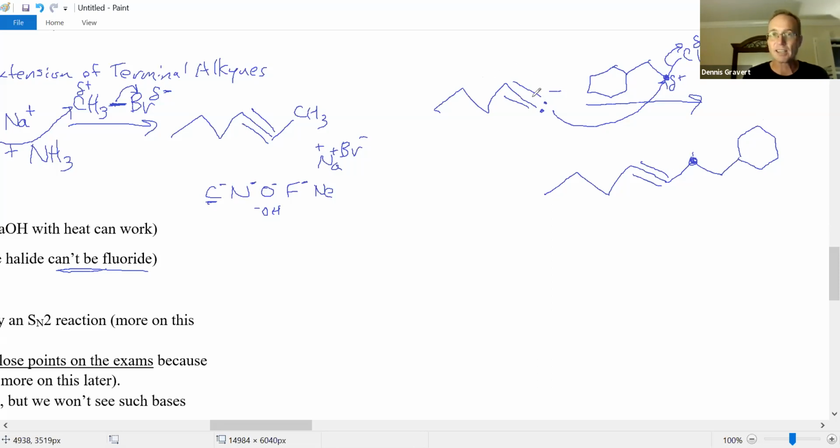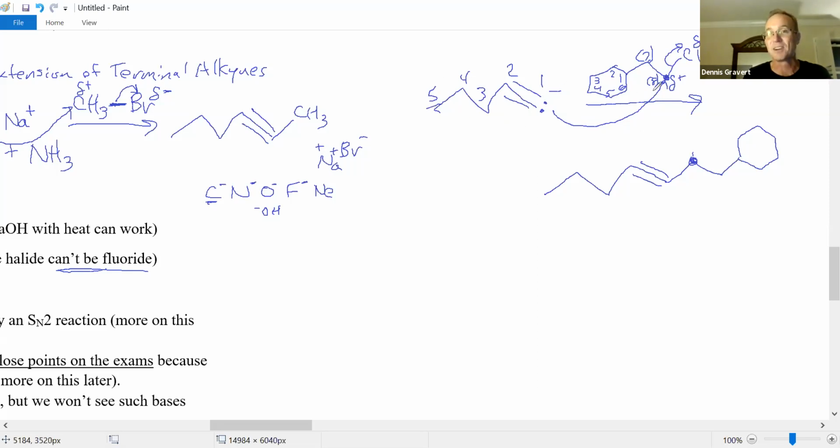A nice check is, if you were to name this, we'll learn that in another video, you start numbering at the triple bond. This is 1, 2, 3, 4, 5. If you had to name this, clockwise, counterclockwise, whatever, 3, 4, 5, 6. And there's a 7th one here. You don't number it that way, but if you're counting them, you do. Sorry. So I got 5 carbons in this molecule.